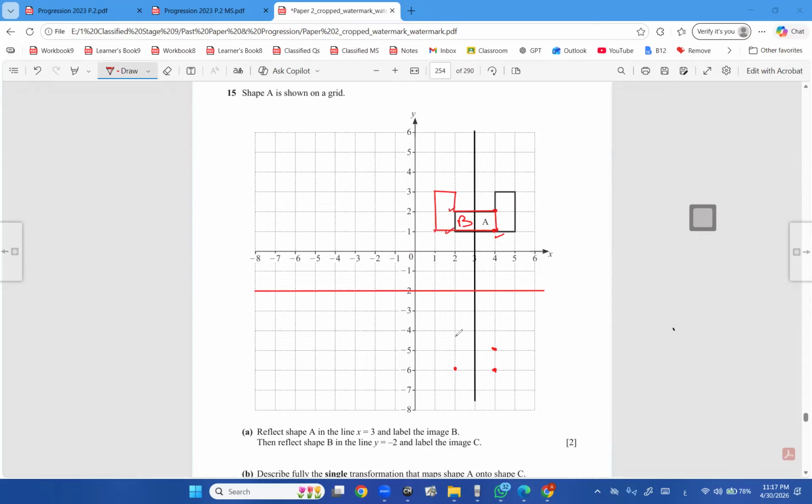Then 1, 2, 3, 4, 5. 1, 2, 3. Then 1, 2, 3. And the last vertex, which is over here, is going to become here. So now, connecting them with your ruler, it is going to look this way.